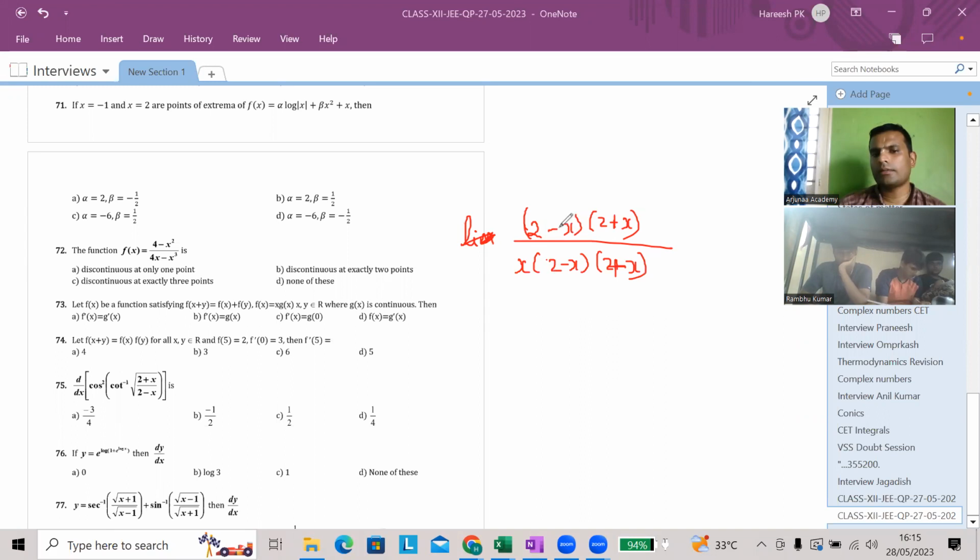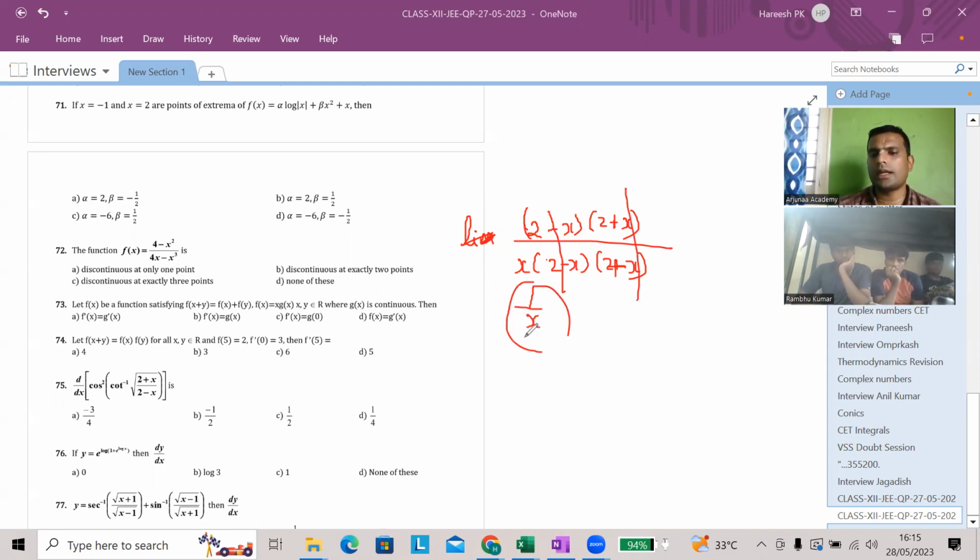Actually speaking, this can get cancelled at all points, isn't it? Except when you get 2 or minus 2. All other points you can cancel this. Only at those points you can't cancel. So when you cancel this, it will be 1 by x, and 1 by x is discontinuous only at 0.